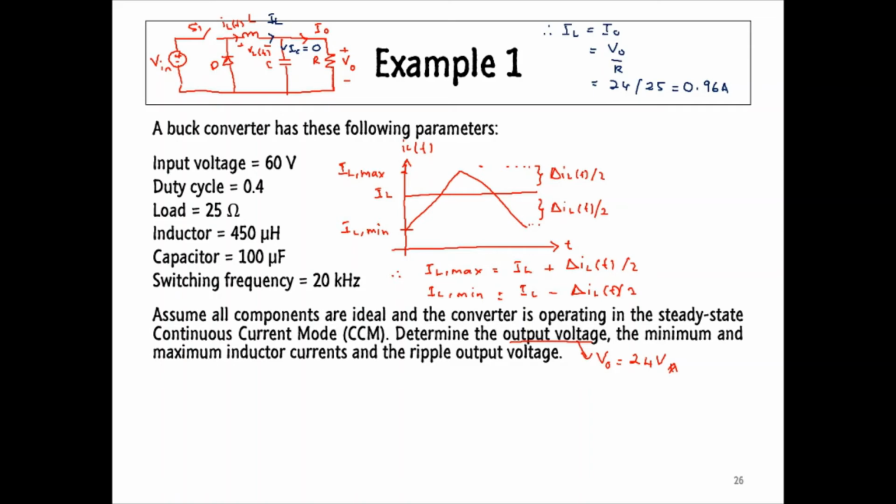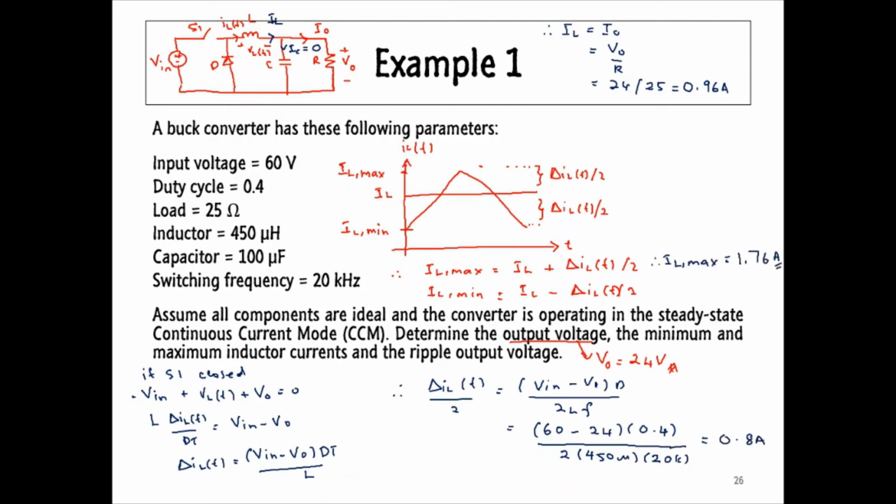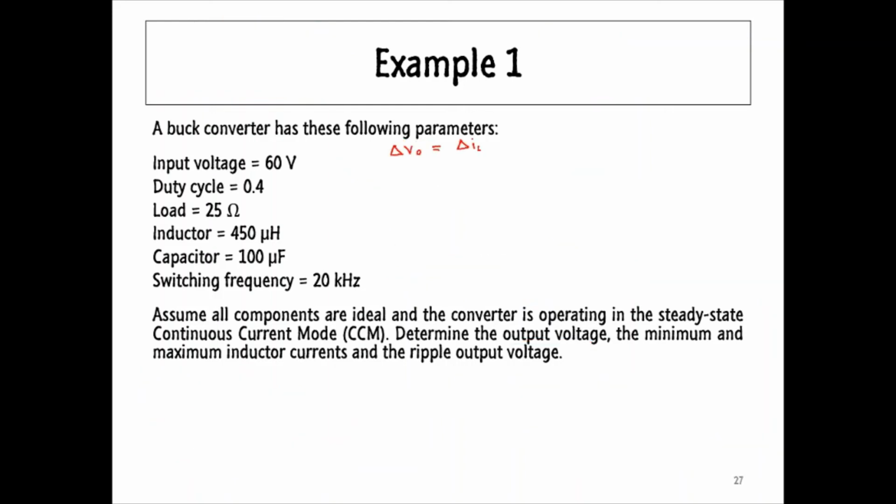Thus, we can have these following equations and therefore we can determine the ripple inductor current. Eventually, we can calculate the minimum and maximum amplitudes of the inductor current waveform. Lastly, we can calculate the ripple output voltage using these following equations.